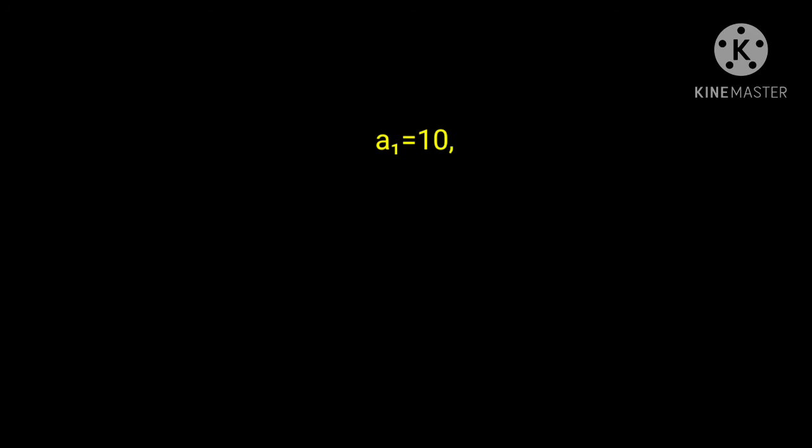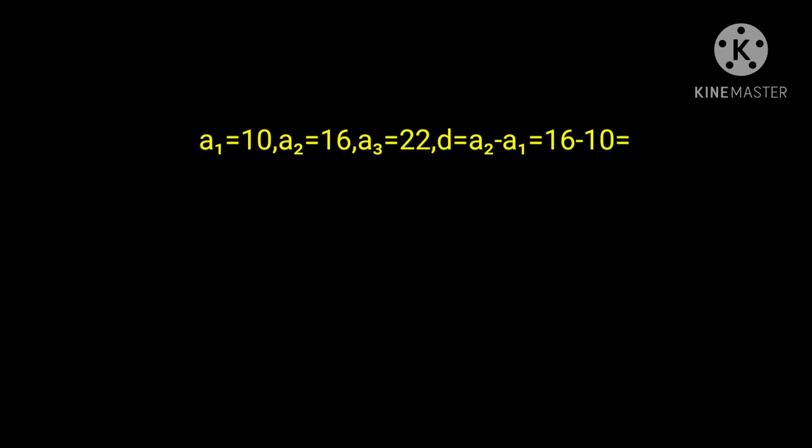And next, here we can write a1 is equal to 10 and a2 is equal to 16 and a3 is equal to 22. Then we have to find the common difference, whether it is an AP or not. d is equal to a2 minus a1 is equal to 16 minus 10 is equal to 6.